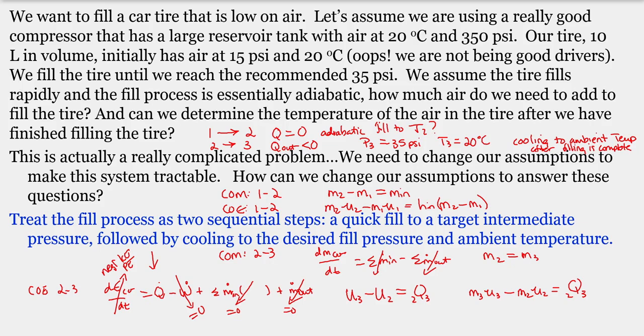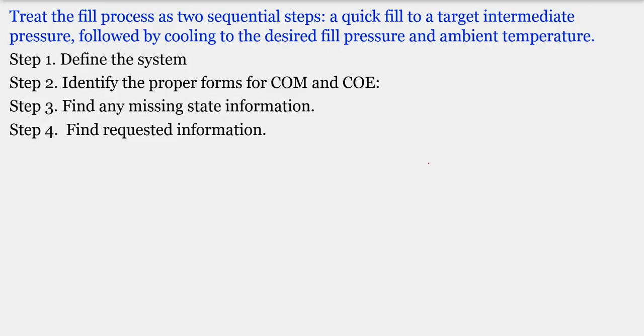Okay, so a lot of stuff is in front of us right now. So let's try and balance it all, and let's see if we can maybe put it all on one screen together. All right, so we're going to put it all together here. We have M1, so the initial and final masses during the fill process. So that's M2 minus M1 equals M in. We have M2, okay.